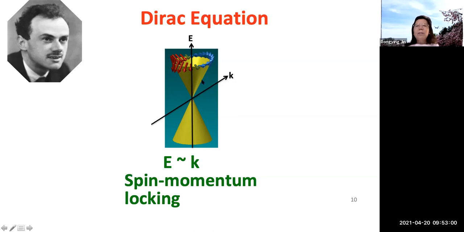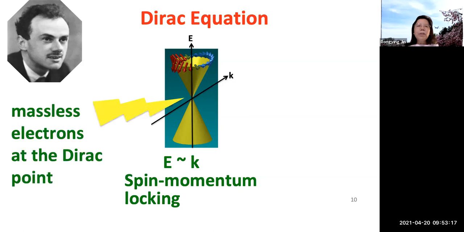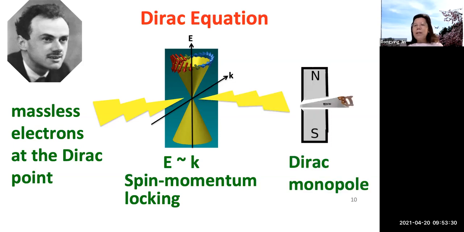That's why spins have to be aligned in such a peculiar way and generate a non-zero phase. We call it Berry phase. More so, the electrons would be essentially massless at the Dirac point, and spin-wise would be acting as a magnetic monopole, which we call a Dirac monopole.